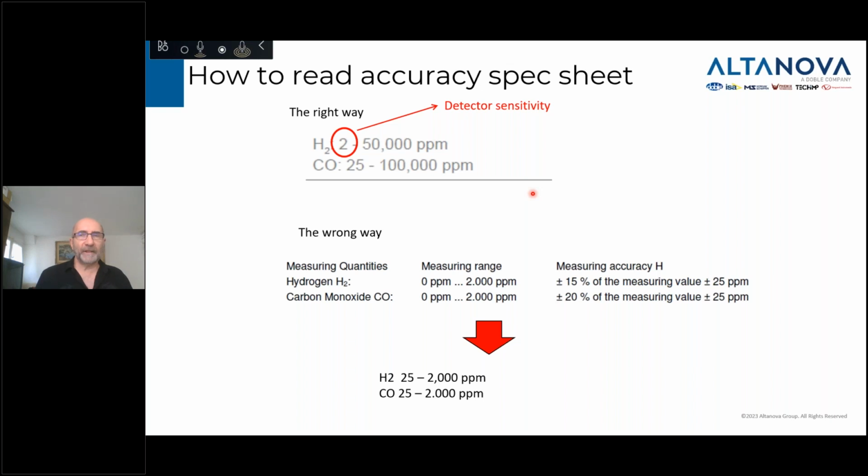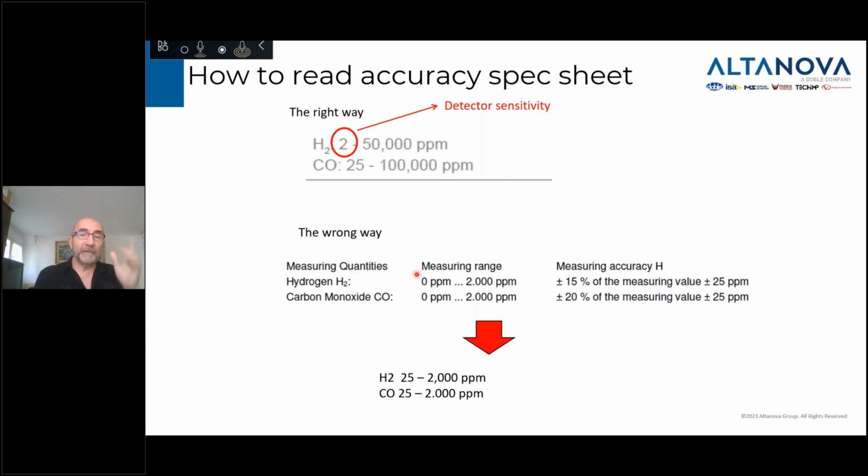But there's no standard in the industry that obliges manufacturers to write their specification in one way, unfortunately. So often what you will see is this type of spec, that says the measuring range is from 0 to 2000 ppm, plus or minus 15%, that's your accuracy, and plus or minus 25 ppm.